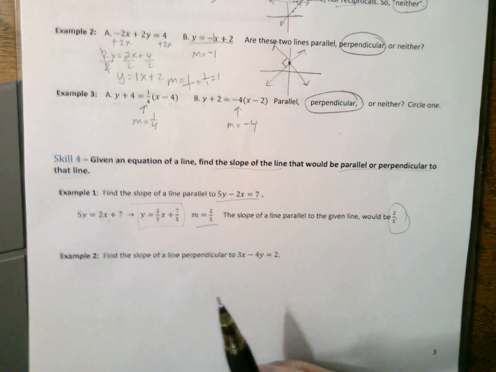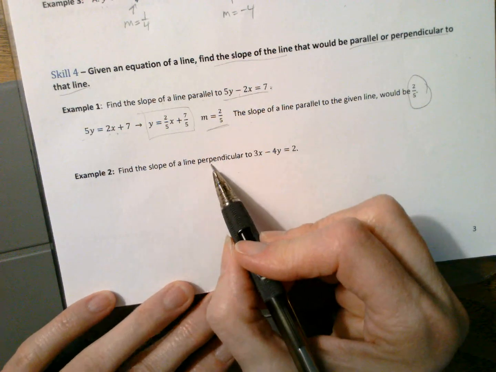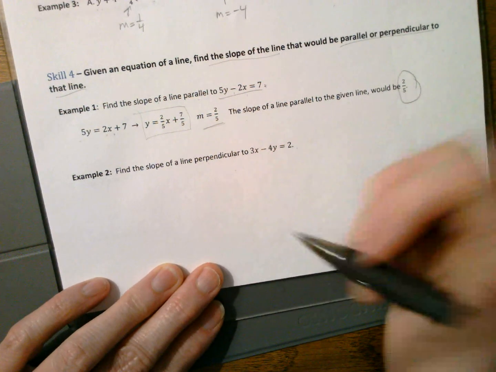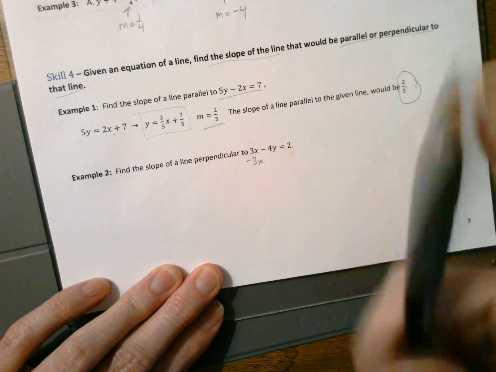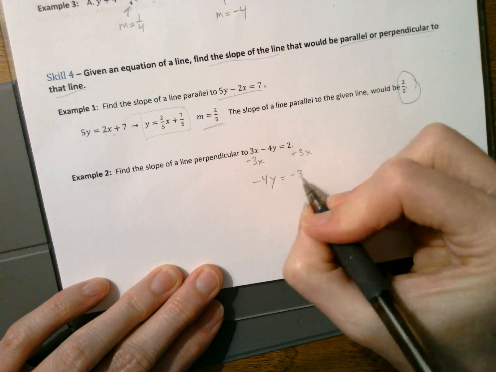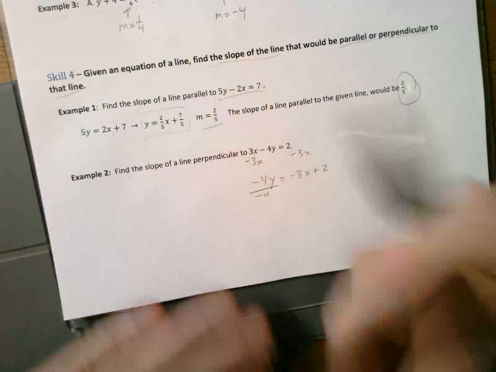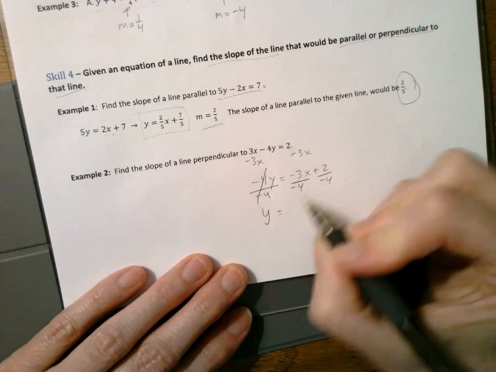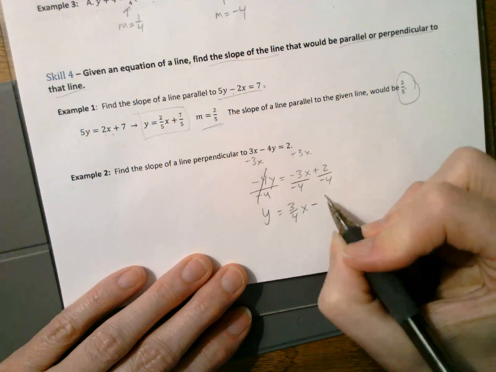Here's another one. Number 2, find the slope of a line that is perpendicular to this line. Well, I have no idea what the slope of this line is yet. So let's move this over. -4y equals -3x plus 2. Isolate my y. y equals double negative 3/4, one negative, and reduce 1/2.